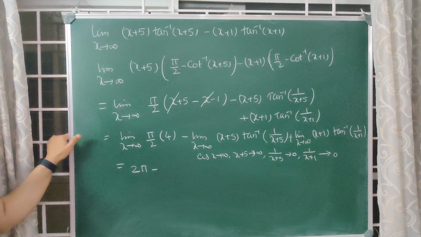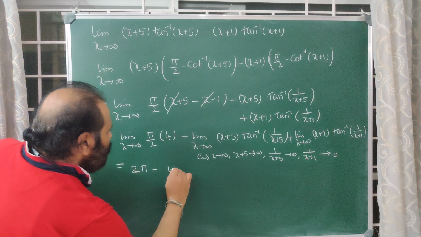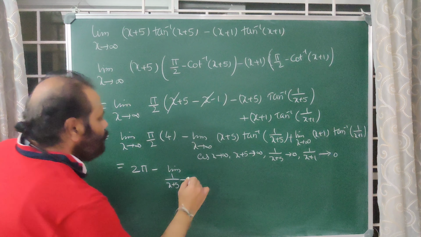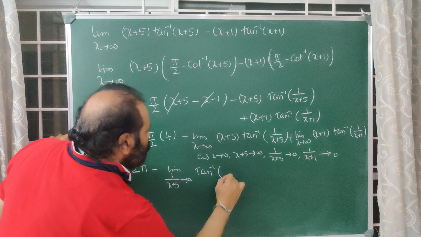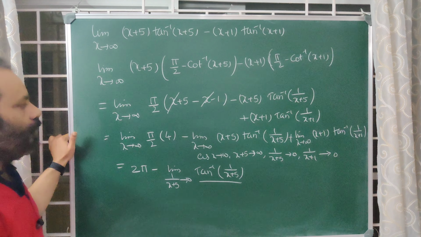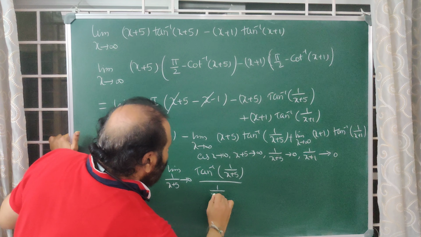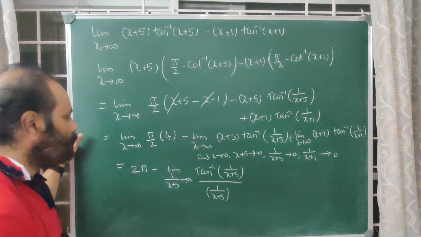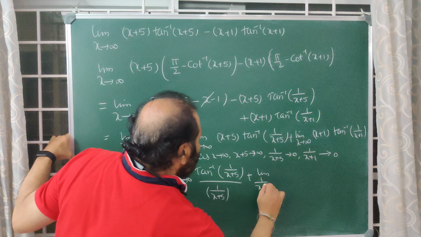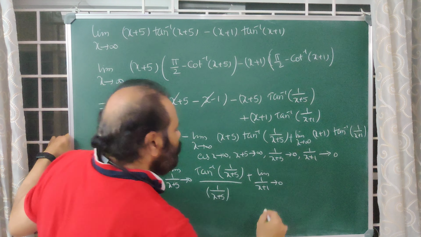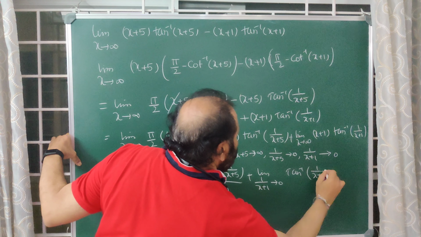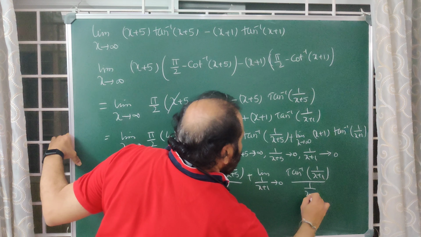Now this can be expressed as limit 1 by (x plus 5) tends to 0, tan inverse 1 by (x plus 5) divided by 1 by (x plus 5). Likewise, limit 1 by (x plus 1) tending to 0, tan inverse 1 by (x plus 1) divided by 1 by (x plus 1).